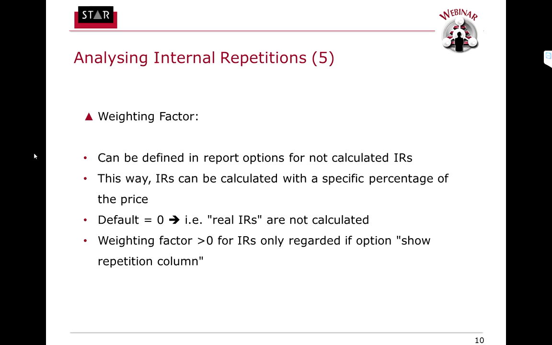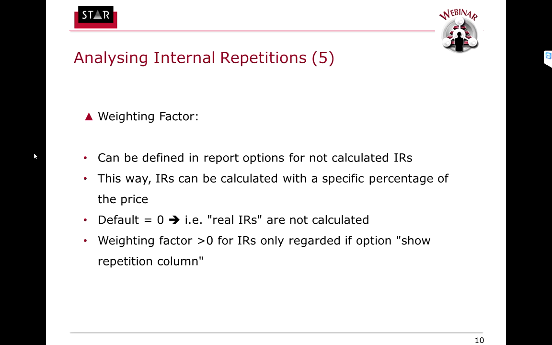The weighting factor can be defined in report options for not calculated internal repetitions. This way, internal repetitions can be calculated with a specific percentage of the price. The default, which we just saw in our options, is 0, which means that real internal repetitions are not calculated.